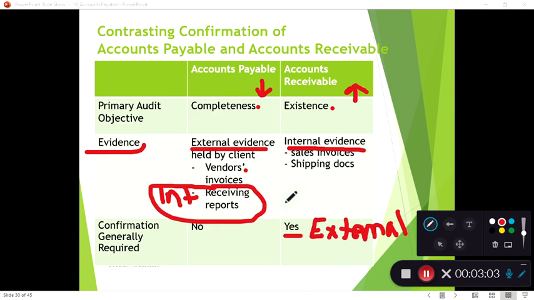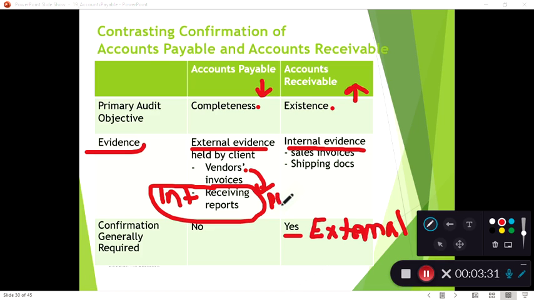Now, obviously, the client can fabricate those or forge those or modify or tamper with those. And if there's a high enough risk, then yeah, we might need to go out and get some external evidence beyond what our client has. But assuming that risk is not too high, then looking at vendor invoice information and making sure, does it comport with receiving reports?